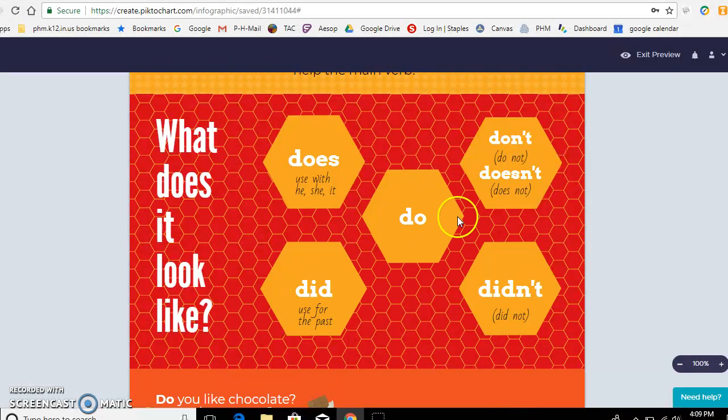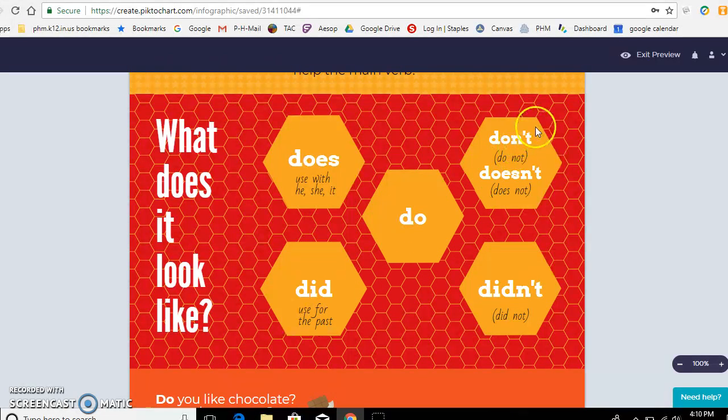And so I have do here in the middle, obviously, because that's where it usually stems from, is the word do. But then I also have does, because that's also a form of do. And I put underneath it that you would use it with he, she, and it. I have did down here, and I put underneath it used for the past.